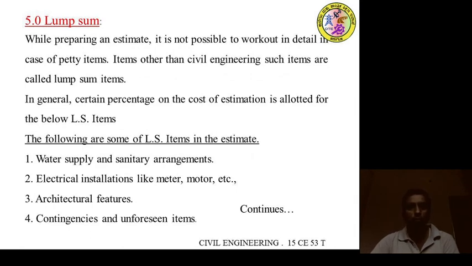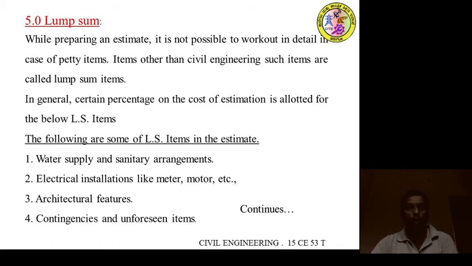Next one, lump sum. While preparing an estimate, it is not possible to work out in detail in the case of petty items. All the items will not be worked out in detail. Some of the items will be paid by a lump sum amount in a percentage, which are called lump sum items.